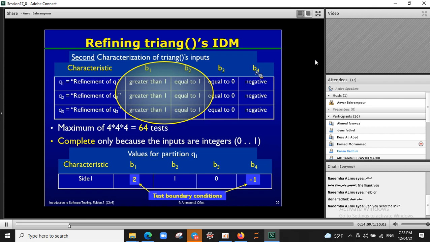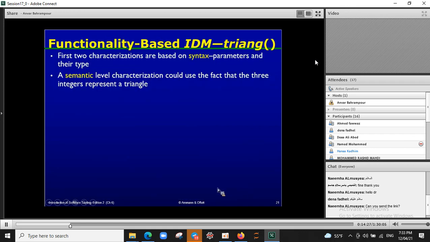But in block B4 we have a lot of values to be chosen. We simply choose the boundary one. The maximum negative number, which is less than 0, is -1.